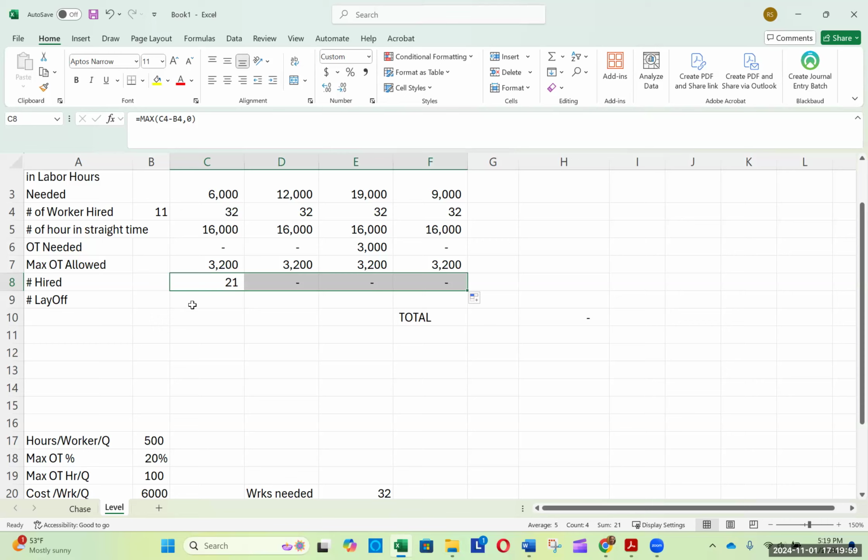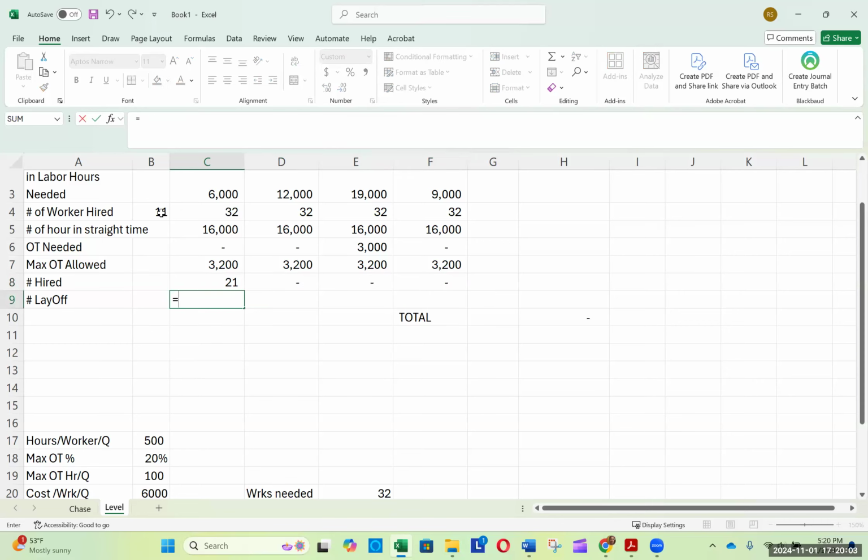And number of workers laid off is going to be this minus 32. Obviously, you're not laying off negative workers, so you have to put the same max formula, max zero. And so you're not really laying off anyone.